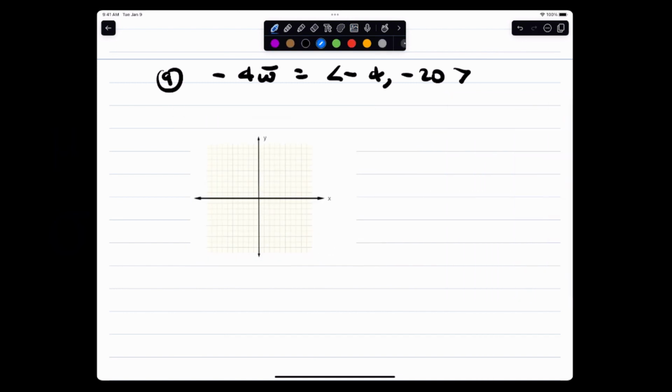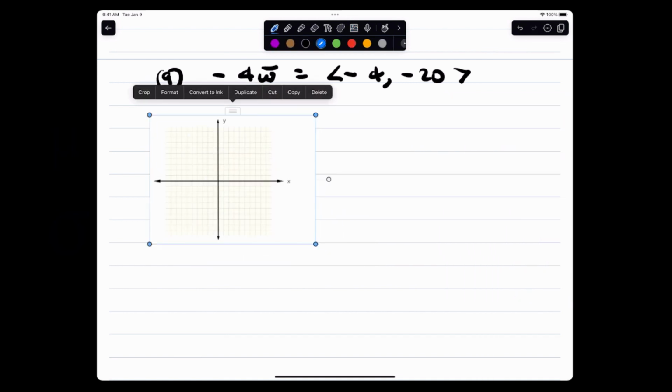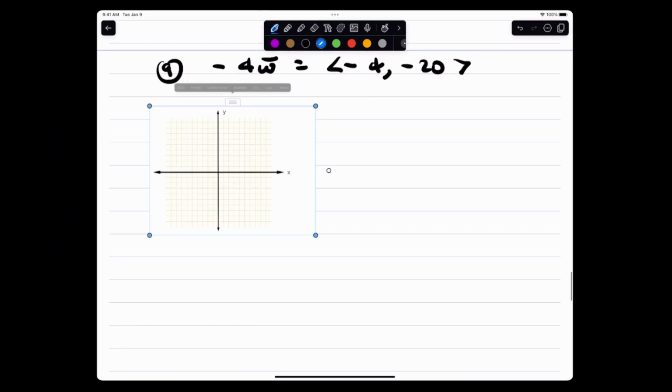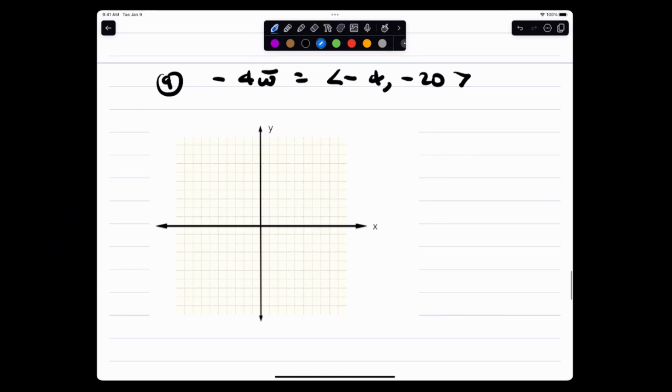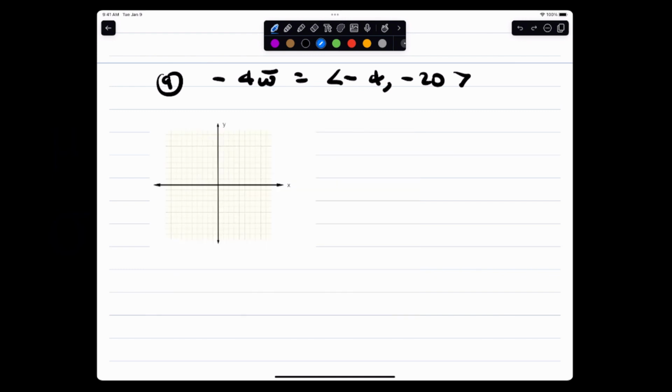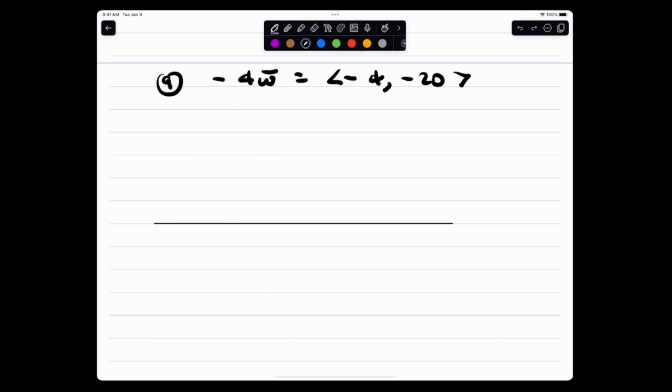If I had to do negative 4, negative 20, what's the deal? If we plot that, maybe I don't even have graph paper. And yes, I have to sketch. Let's sketch.